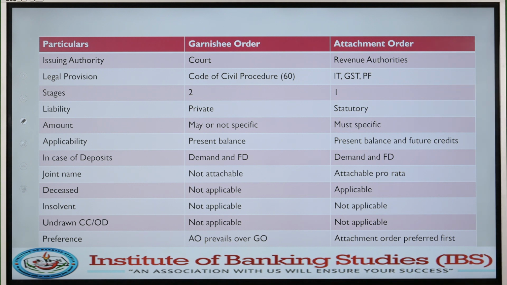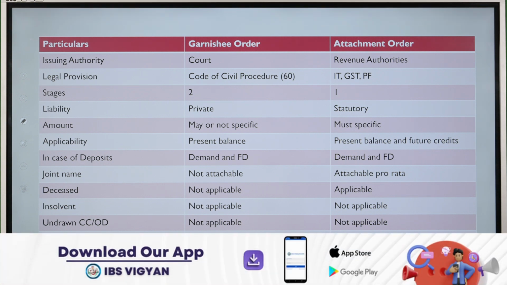If you examine the legal provisions, a garnishee order is issued as per the Code of Civil Procedure, whereas an attachment order is issued by revenue authorities as per the respective act, maybe the IT department or GST or even PF. There are two stages involved in a garnishee order, order nisi and order absolute, but in an attachment order only one order will be served.